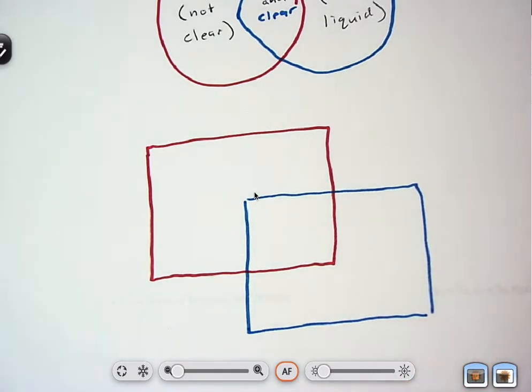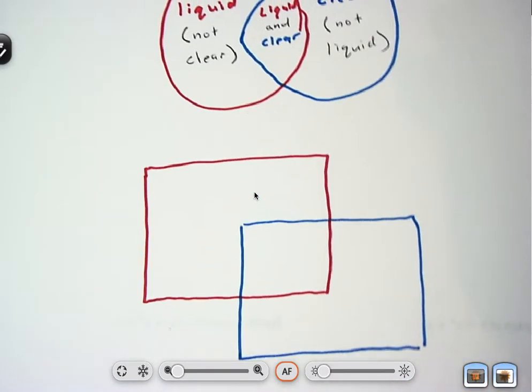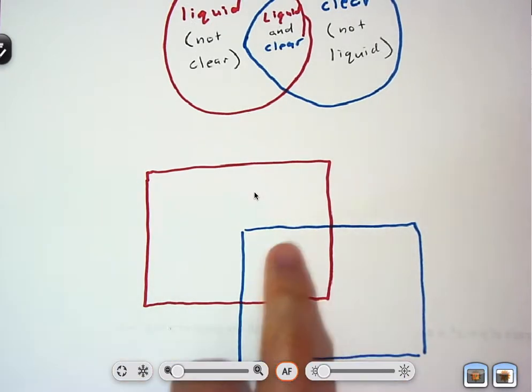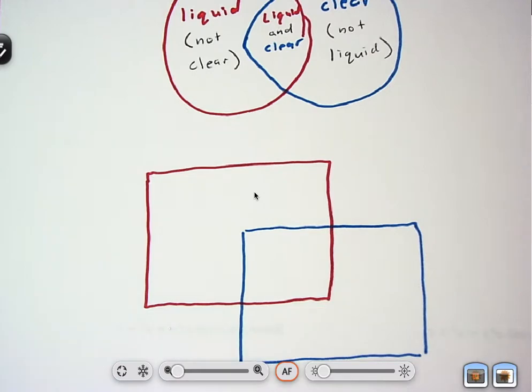But this is basically the exact same Venn diagram as the other one. You have a part that's just in red, part that's just in blue, and then the part in the middle here is the part that overlaps. Okay. So this is your stereotypical Venn diagram.